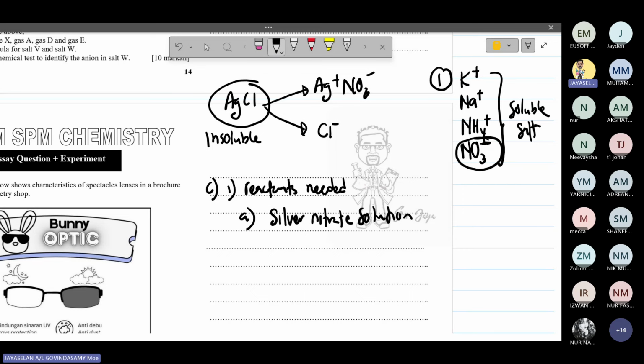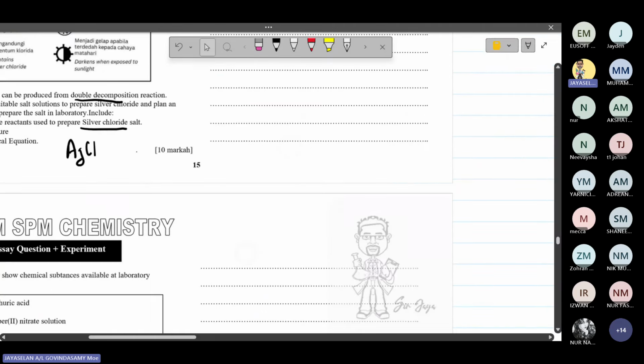Take this or this, put it here with sodium ion. The second solution needed is what? Sodium chloride solution. So you guys already scored 2 marks. Any question? Please practice.